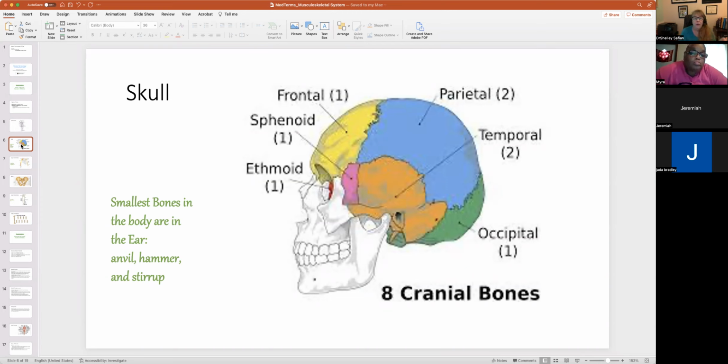The anvil, the hammer, and the stirrup are located in the middle ear, and they process sound as it comes from outside through the external ear into the middle ear, and then on into the inner ear and the labyrinth, where it then follows the nervous system into the brain. So the brain can say, oh, my baby is crying, or, oh, the dinner bell.